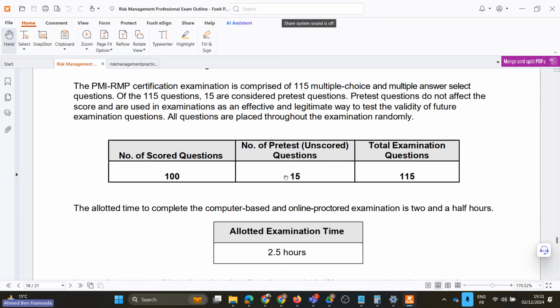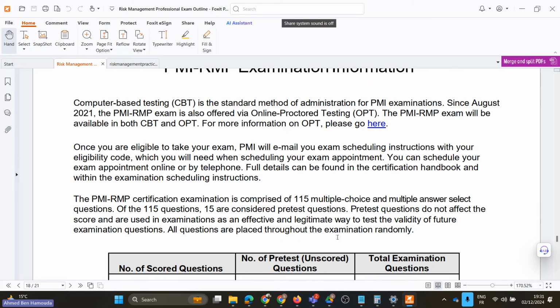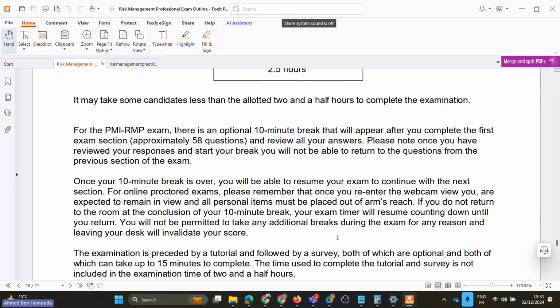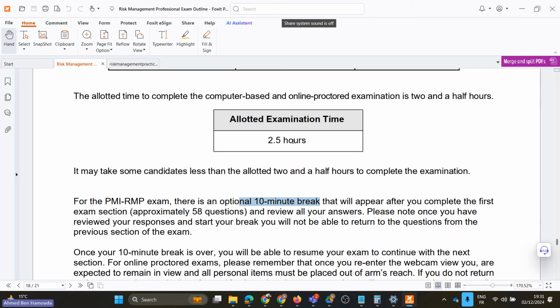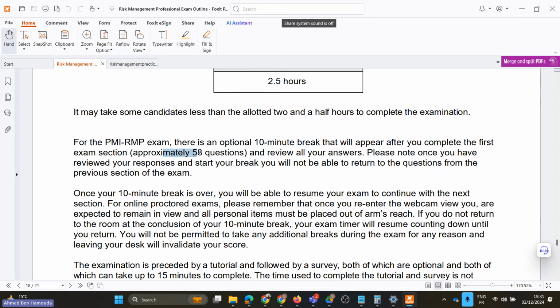They're not for free. Now, you will have 115 questions in your RMP exam with a total examination time of 2.5 hours. Now, during these 2.5 hours, you're entitled to a 10-minute break. You can take a 10-minute break once you have completed approximately 58 questions. After completing approximately 58 questions, you can take a 10-minute break, and you can take the exam in a test center.